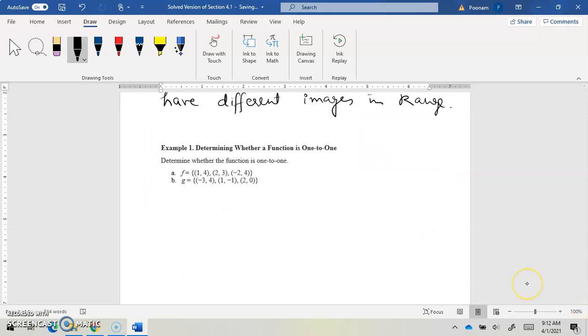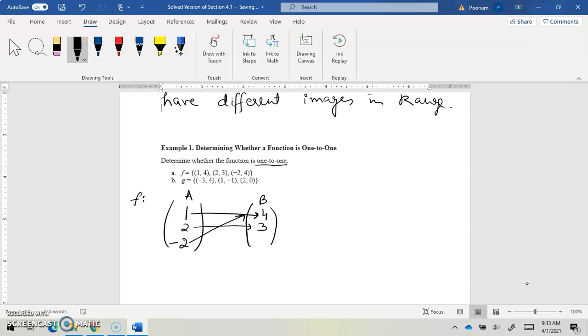The question is to figure out whether f, which is given as this set of pairs, is a one-to-one function or not. I like to draw the function f from one set to the other set. 1 is related to 4, 2 is related to 3, negative 2 is related to 4.